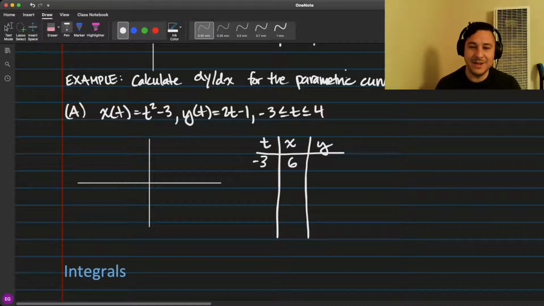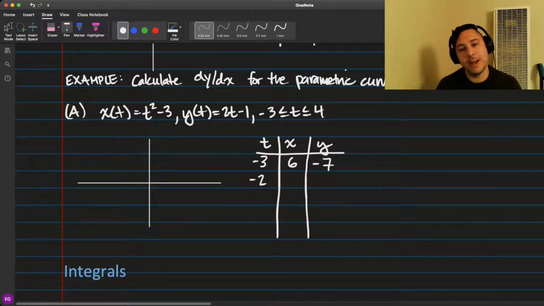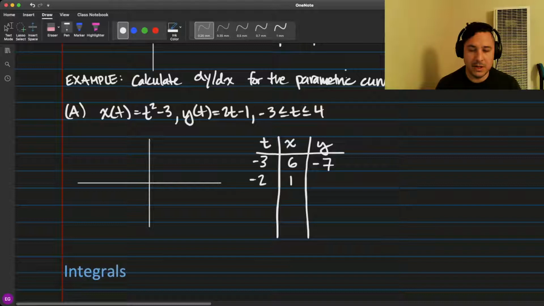When you plug negative 3 into y, you get negative 6 minus 1, which is negative 7. Let's plug in another number. Negative 2, you get 4 minus 3, which is 1. Negative 2 times 2 is negative 4. Negative 4 minus 1 is negative 5.